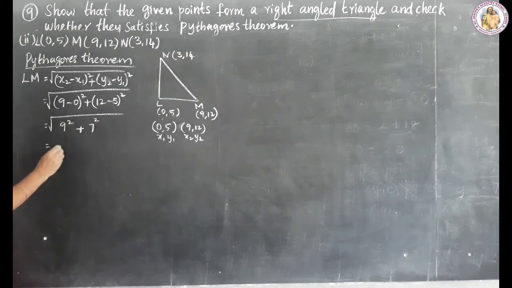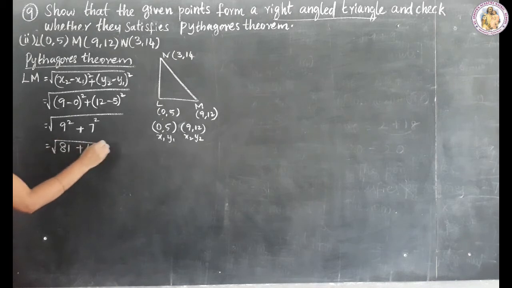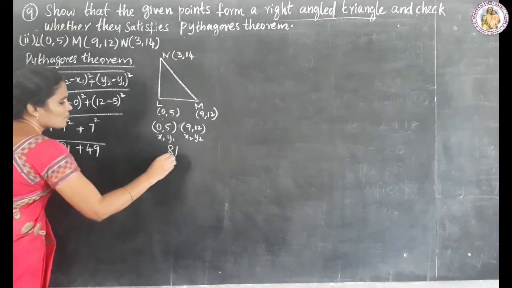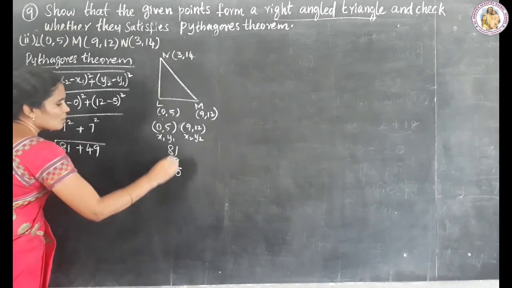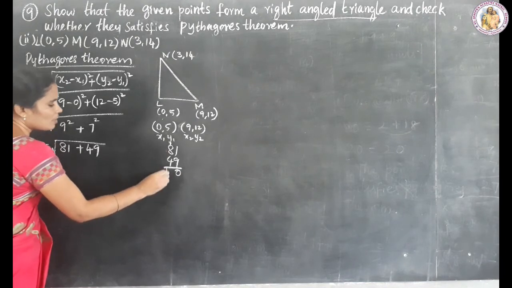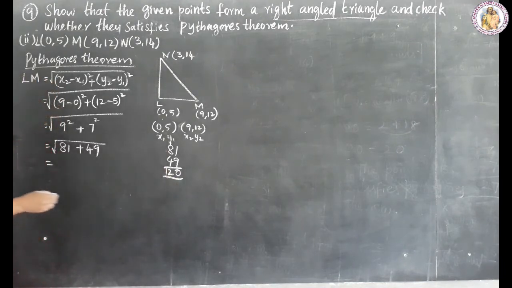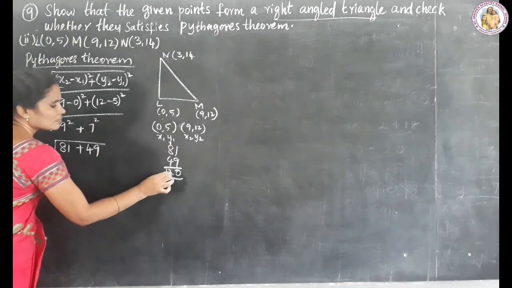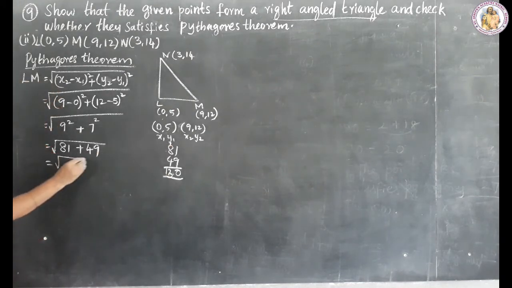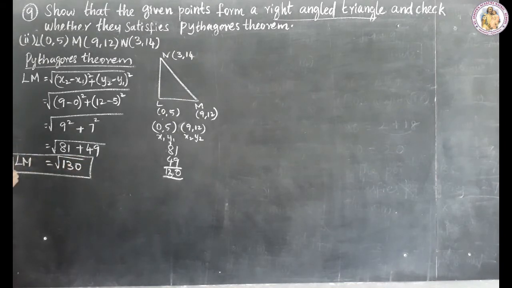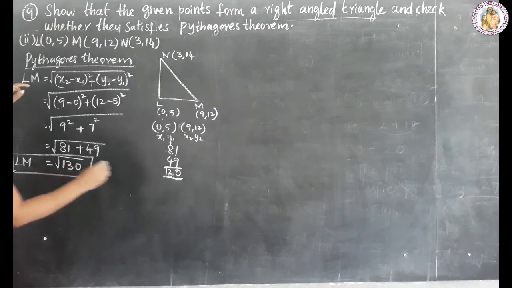So 9 9s are 81 plus 7 7s are 49. 81 plus 49 is 130. Now LM is equal to root 130.